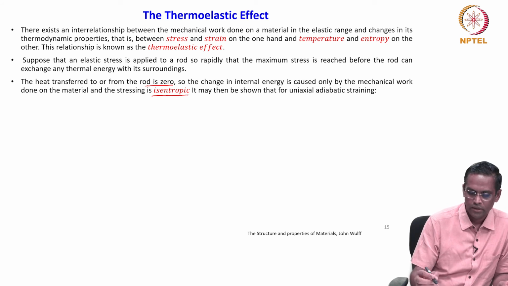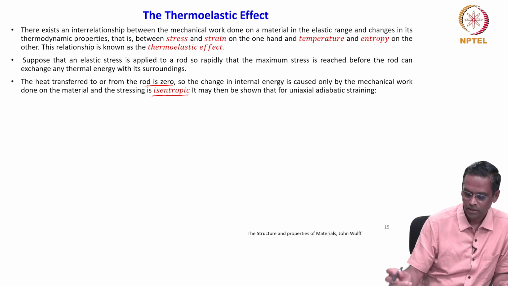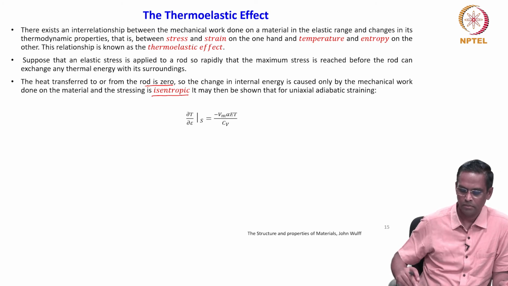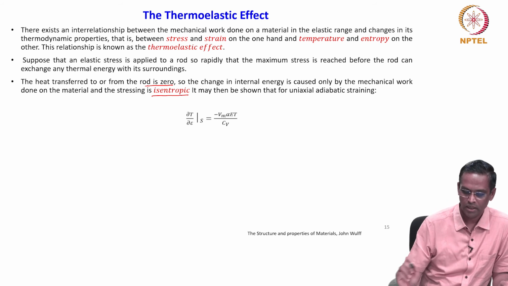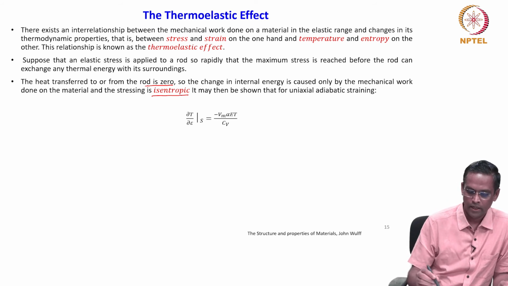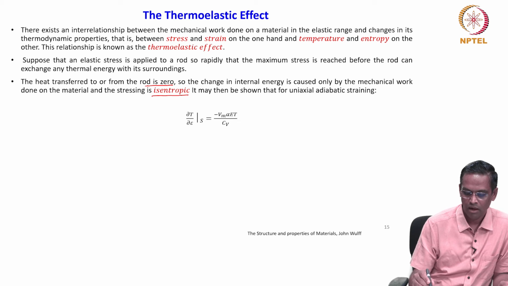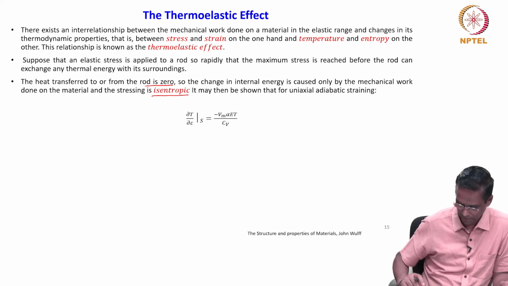Okay. So, it may then be shown that for uniaxial adiabatic straining, because there is no thermal exchange, it is considered adiabatic straining, then it can be written as dou T by dou epsilon at constant S is equal to minus Vm alpha E T divided by Cv.